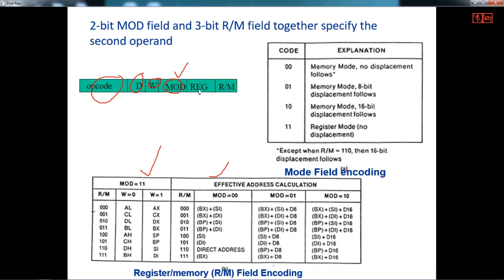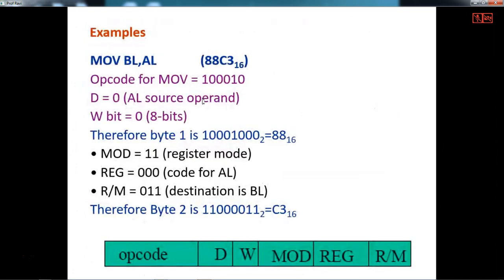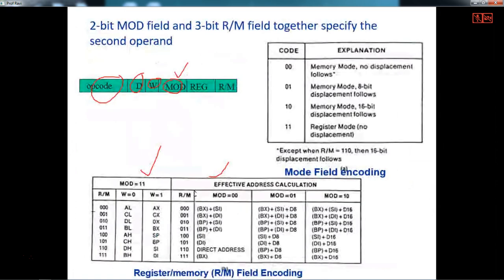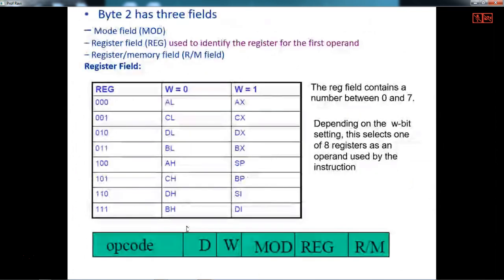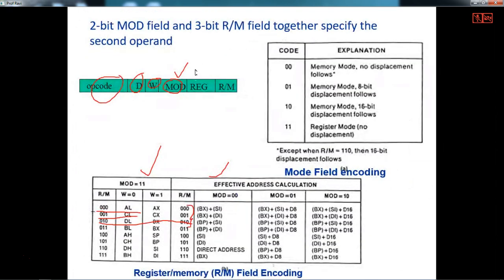Then coming to these two fields, register and R by M. Register 000 is the code for the accumulator. If it is in a register, then the accumulator is 000, and then for the counter register and D register, in R by M, you can use these codes.